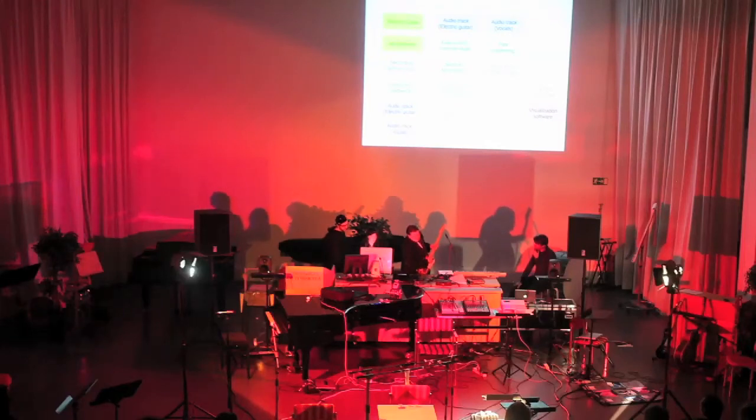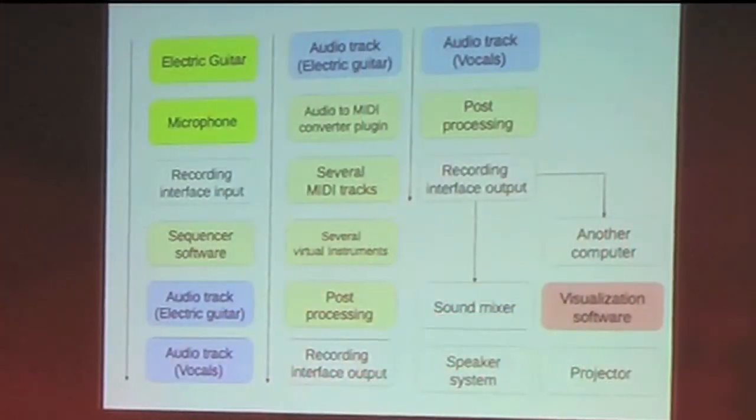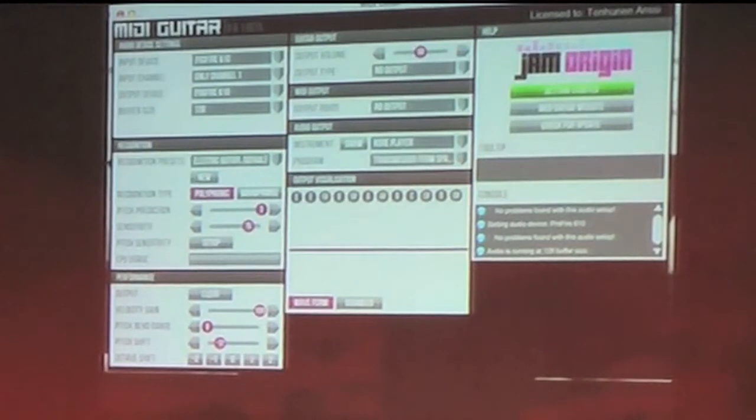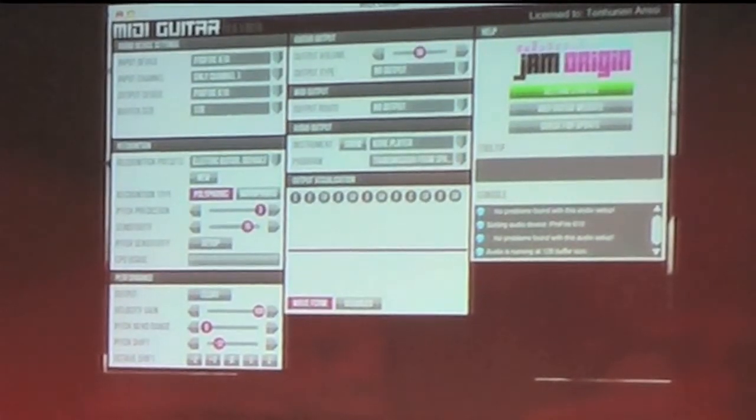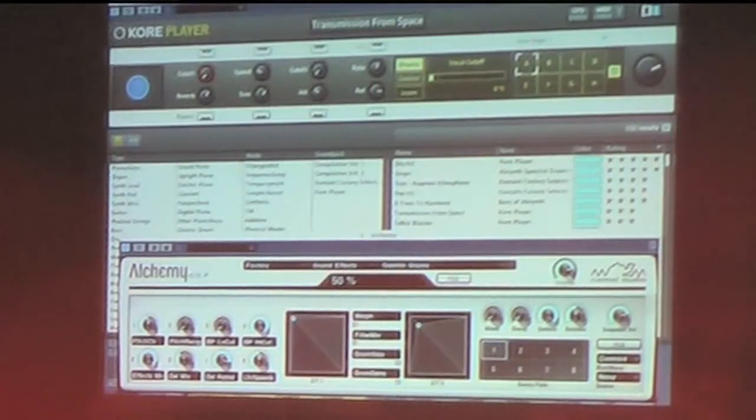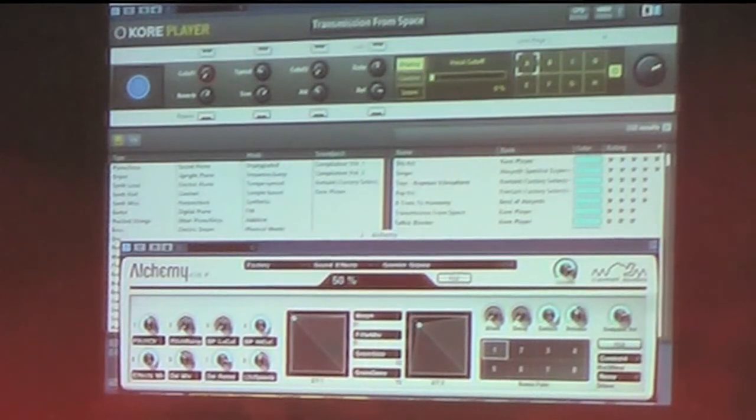Here you see the flowchart of things, and the noises are also connected to different visualization things that I will explain later. And as you saw, here's MIDI guitar, and I don't think we need to go through that anymore. And it is connected to a few different synths.